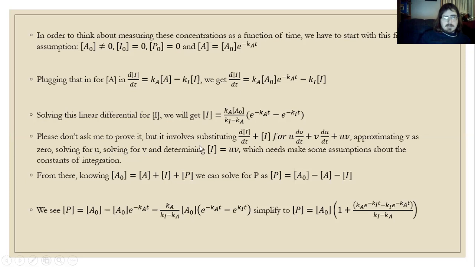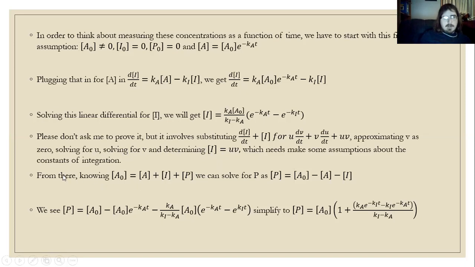Then solving for v, and determining I is equal to u times v, which needs certain assumptions about the constants of integration. I can do it, but I don't want to. I really don't. I have a whole page of proof to get here. But, well, we'll do it in a minute.